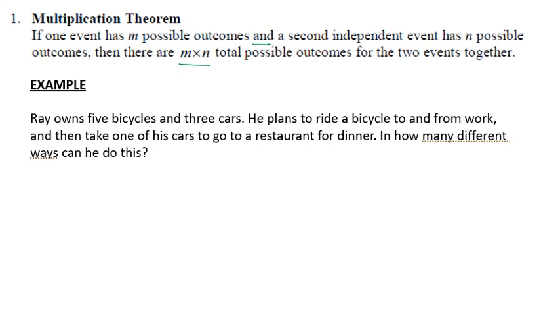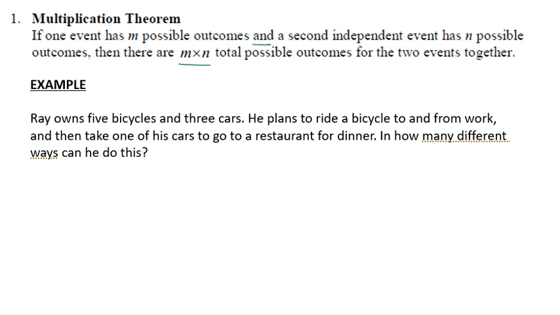So back to Ray. Ray owns 5 bicycles, 3 cars. He plans to ride a bicycle to and from work and then take one of his cars to go to a restaurant for dinner. In how many different ways can he do this? This is an and situation because he needs to choose a bicycle to go to and from work, and then he needs to choose a car to go to a restaurant.